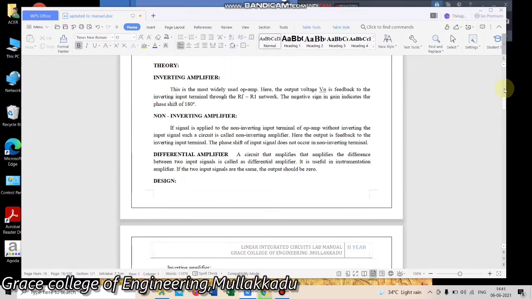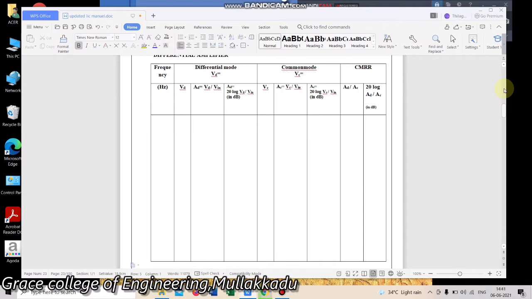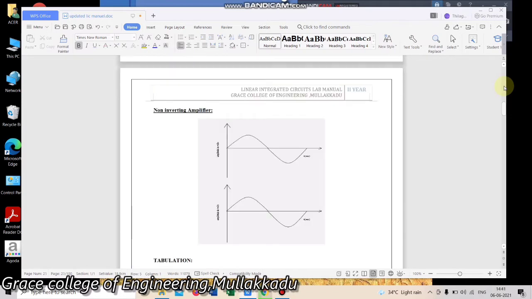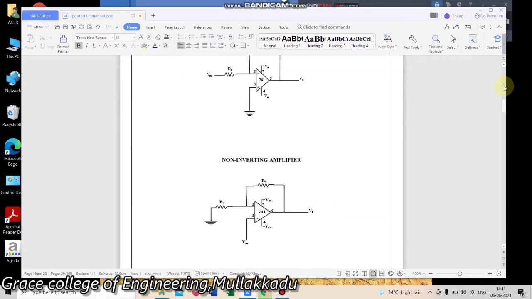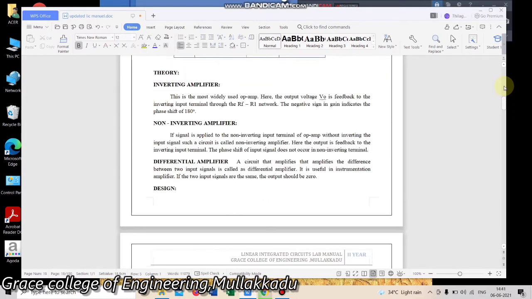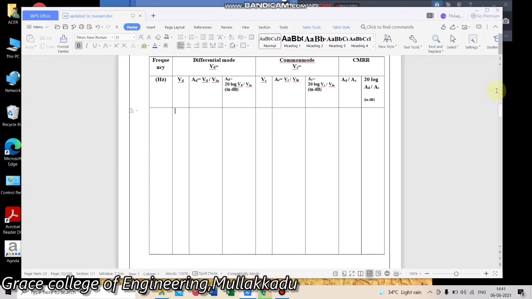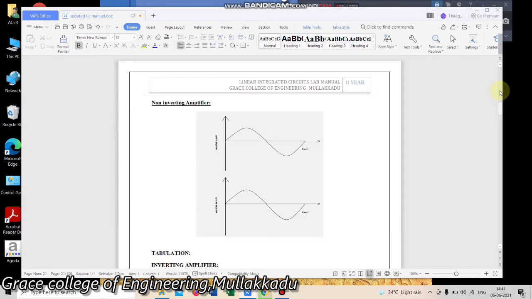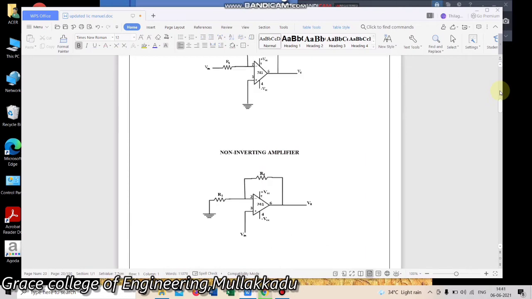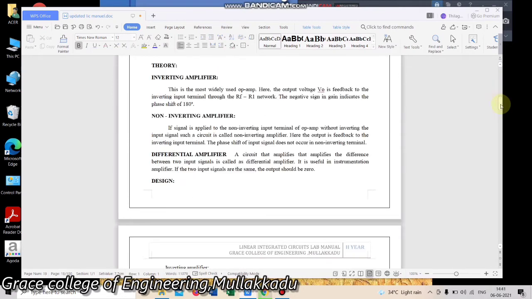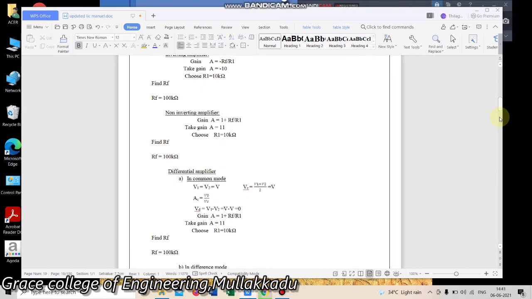For the inverting amplifier, the design procedure consists of three things. First one is gain. We have to first study the gain, and we can get the formula for the gain for the various amplifiers.